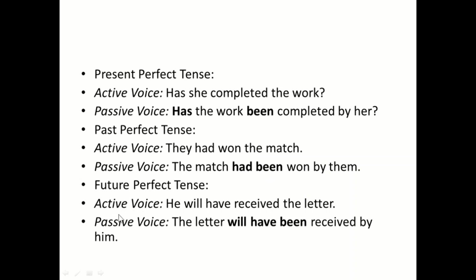Then future perfect, active voice: he will have received the letter. Then the passive: the letter will have been received by him. Now here, as you can see, we are using will, so will remain here, have is have. Then because this is the perfect form, because of this have, we know that this is the perfect form, so we will use been here.